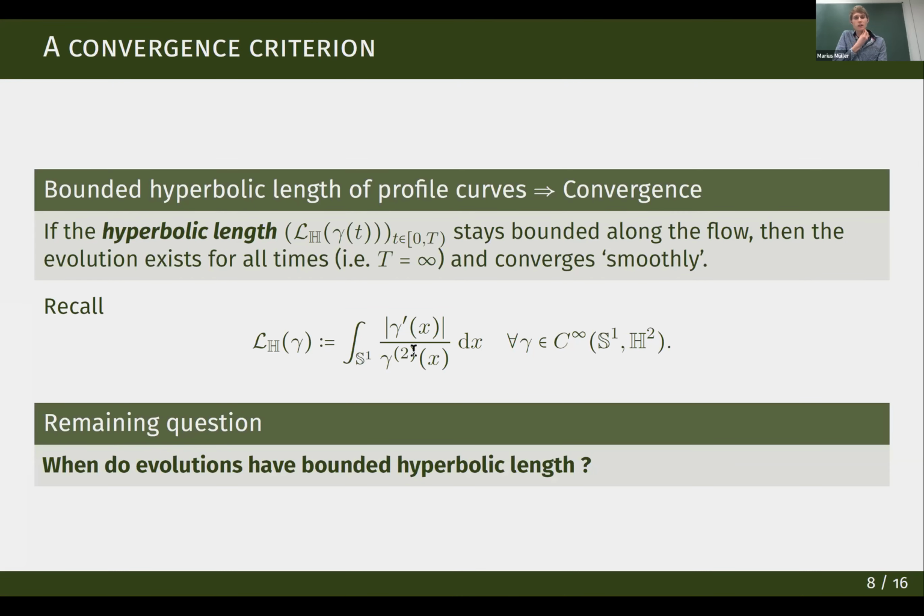In some other talks, I give a proof of that, but here I decided not to, because I wanted to elaborate a little more on the question: how do we ensure that evolutions have bounded hyperbolic lengths? Because this criterion is pretty useless if no evolution whatsoever had bounded hyperbolic lengths.